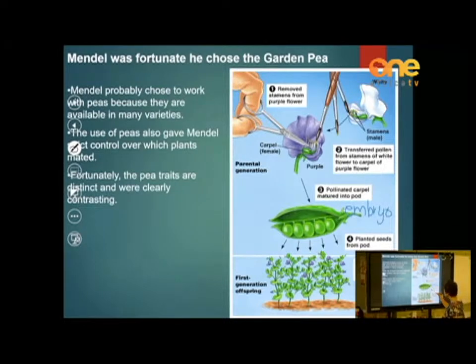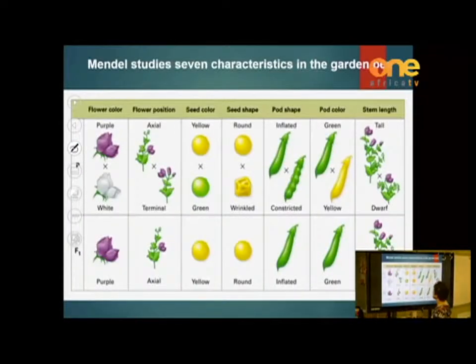So you have to plant it, take care of it, and now you have your first generation of offspring. So purple and white. White was the father and purple was the mother. And the first generation offspring then was there.